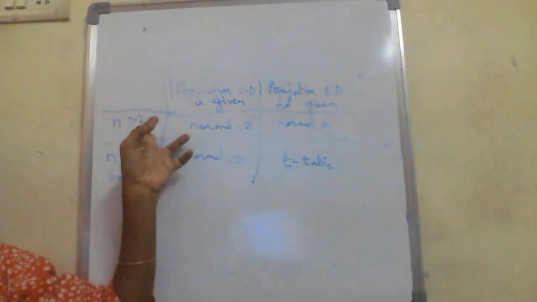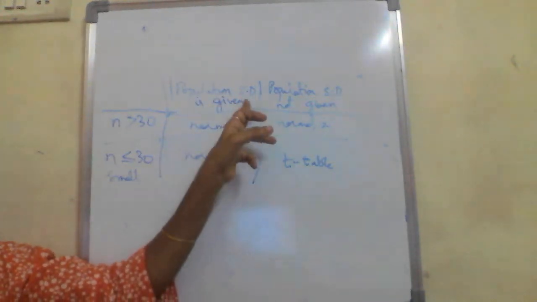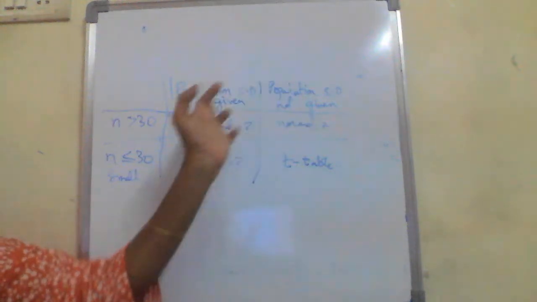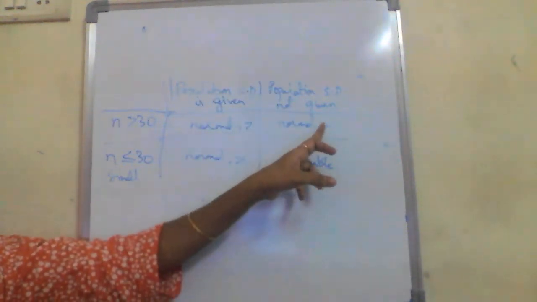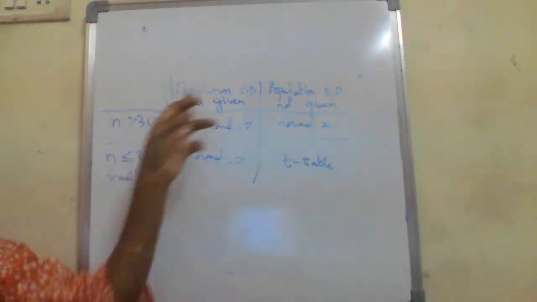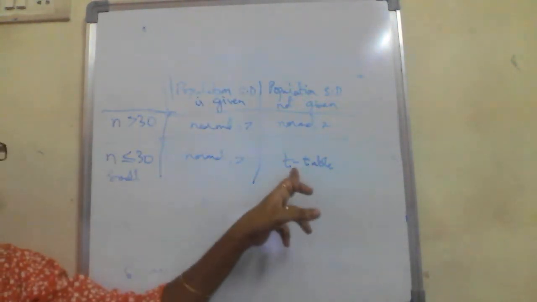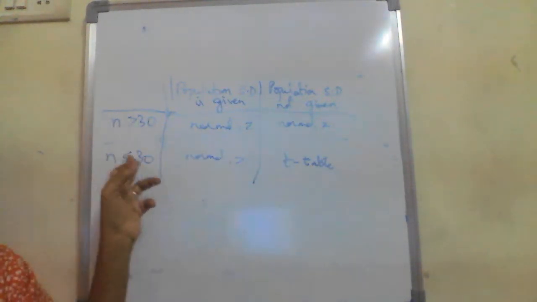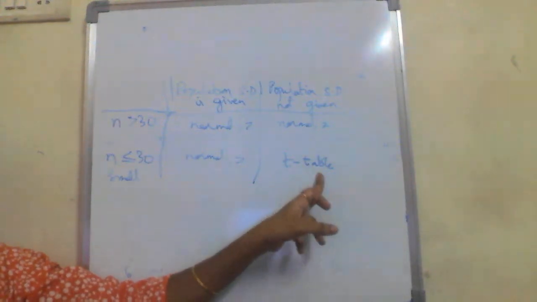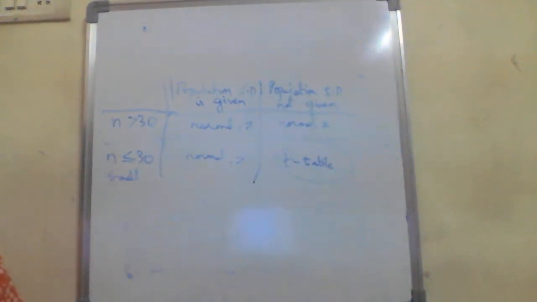But if it is a big sample and the population standard deviation is given, we use Z. And if it is not given also, whatever you have for the sample you can take and use Z only. And if it is a small sample and the population standard deviation is given, then also it is Z. You can use the t table only when your sample size is small and the population standard deviation is not given. So only in these two cases you use the t distribution.